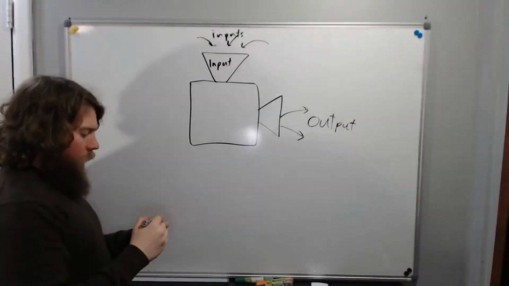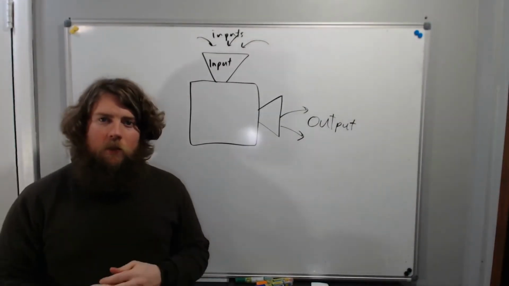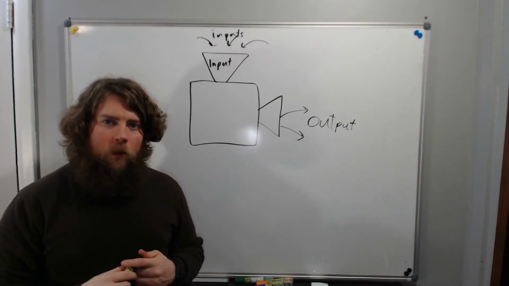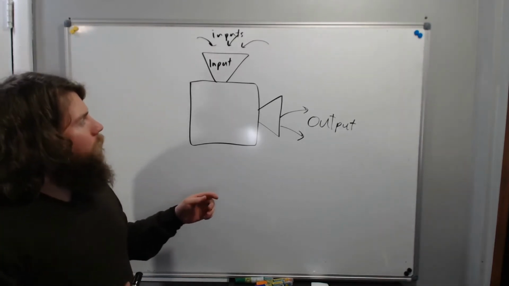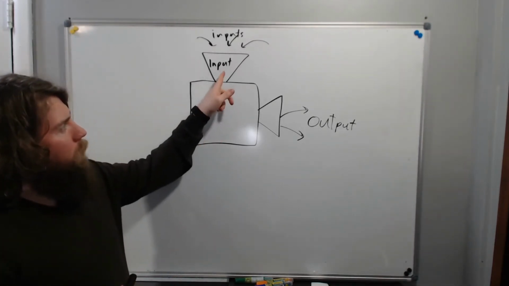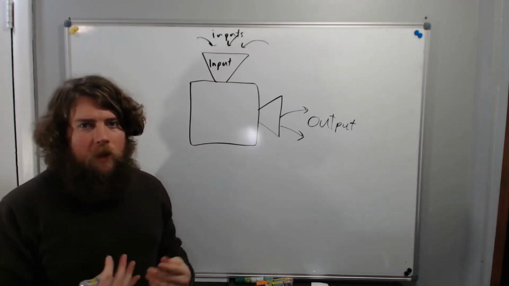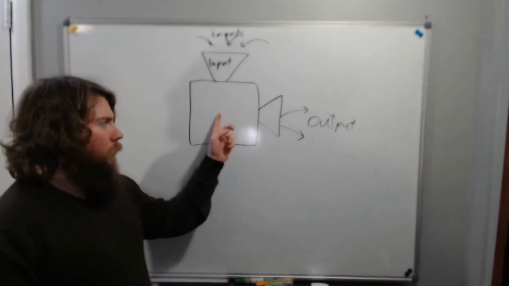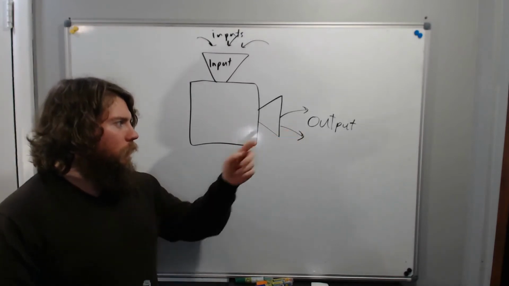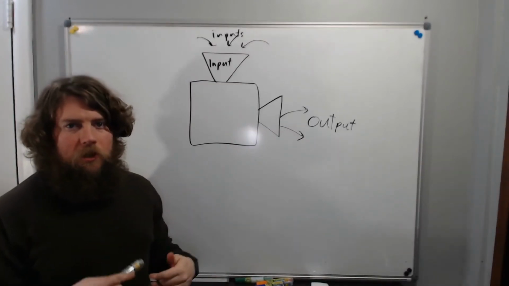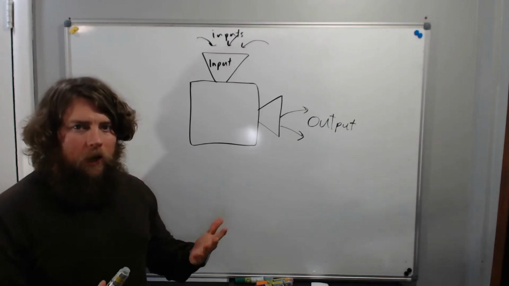Okay. And then linking this back to our idea of linear equations. In a linear equation, your input was your independent variable, most of the time the x variable, and your output, in terms of a linear equation, was just the dependent variable, usually y.